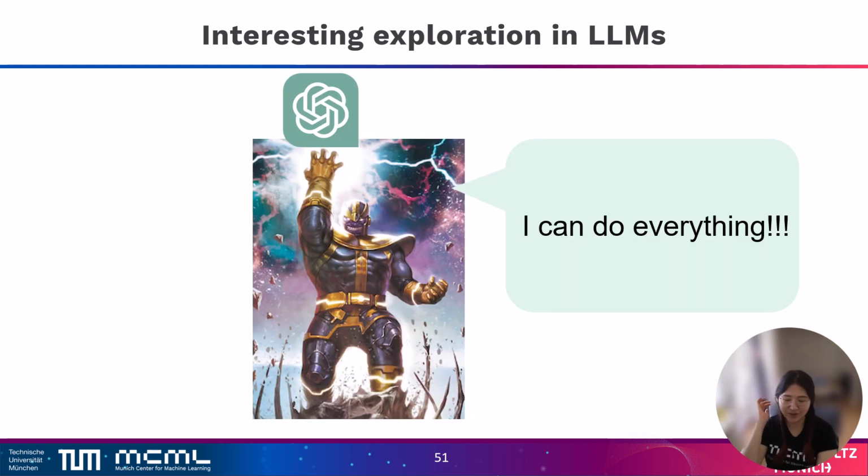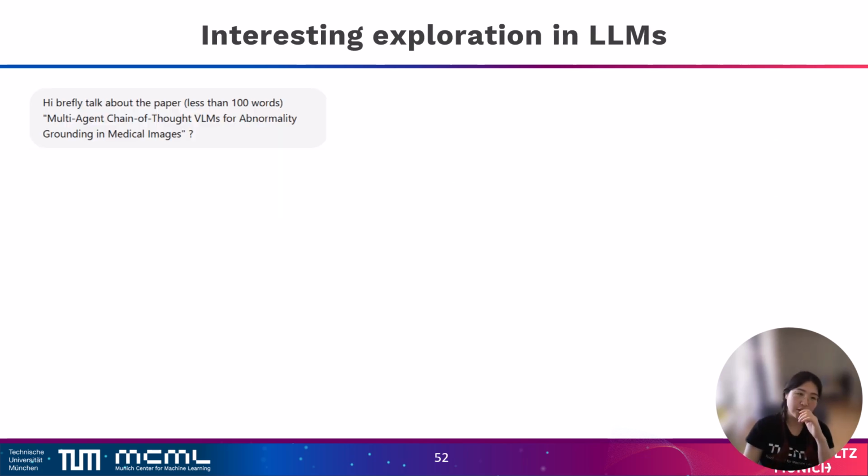Now we have already talked about a lot of different topics, like chain of thought, reasoning, and also AI agents. It seems the large language models have become much more powerful, and with ChatGPT you can do everything. So here I give a question to the latest O3 model again.